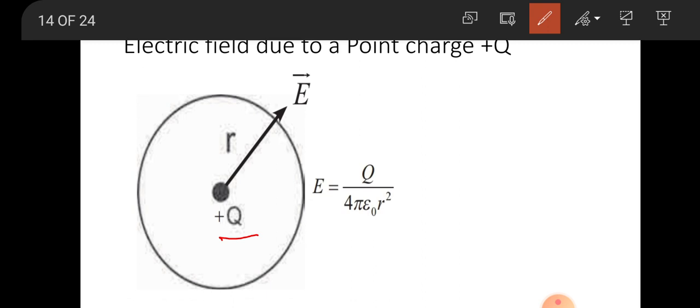Now ये जो आपको circle दिख रहा है, you can place your test charge anywhere on the circumference of this circle.